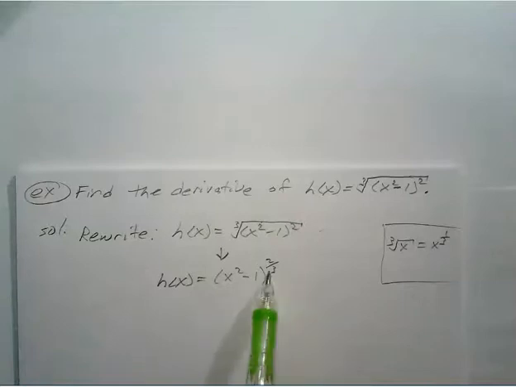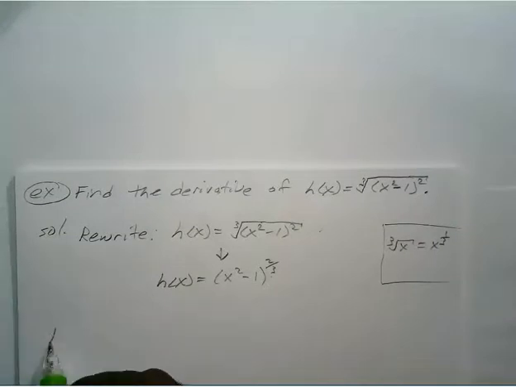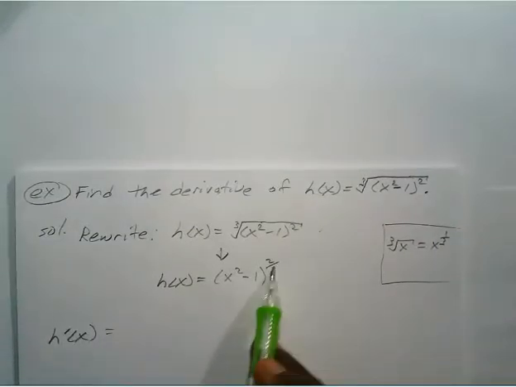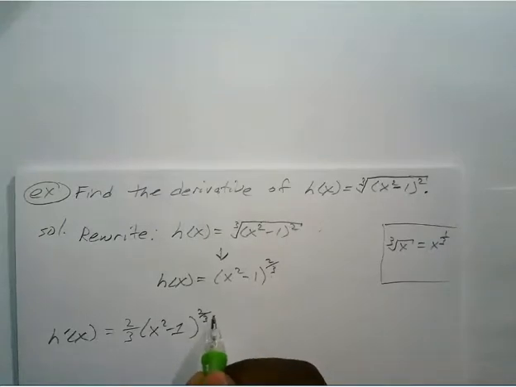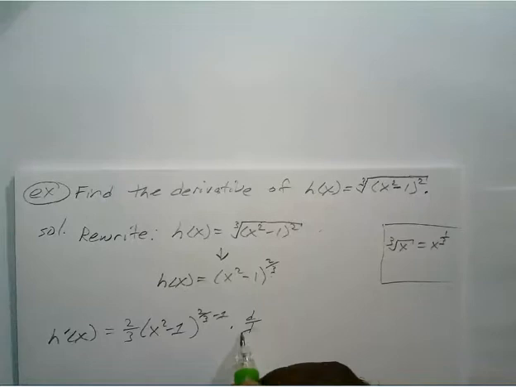Okay, so now we find the derivative of this using our chain rule. So h prime of x is equal to, we bring down that exponent, 2/3 times x squared minus 1 to the 2/3 minus 1, times the derivative of what's inside.